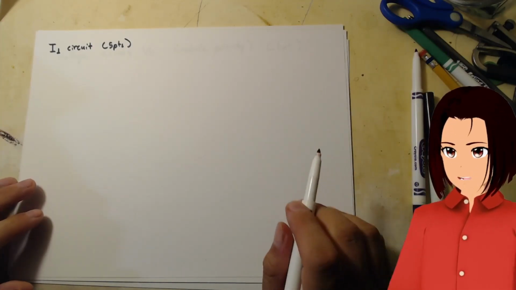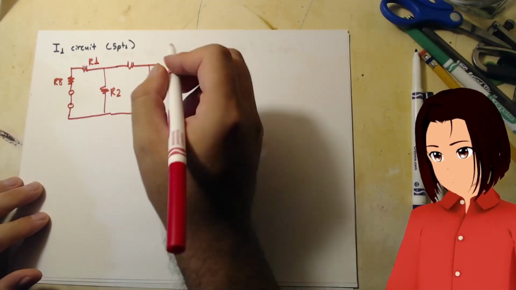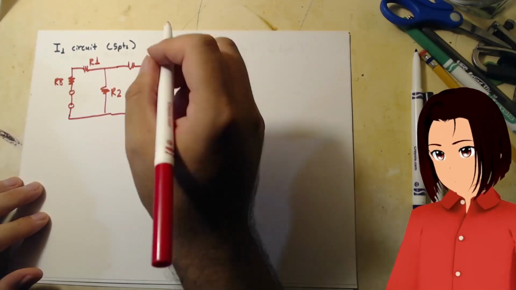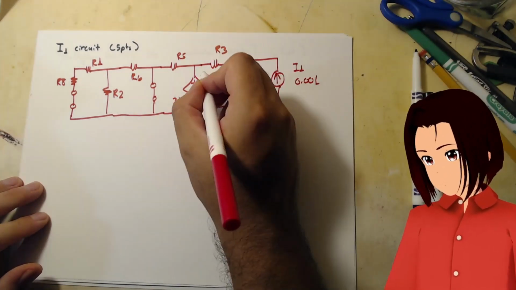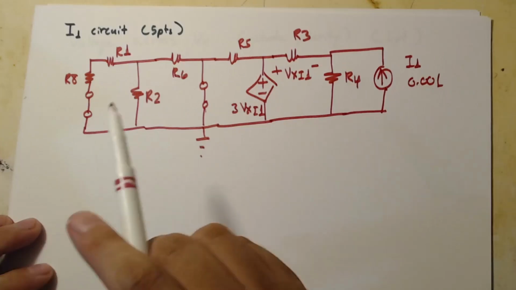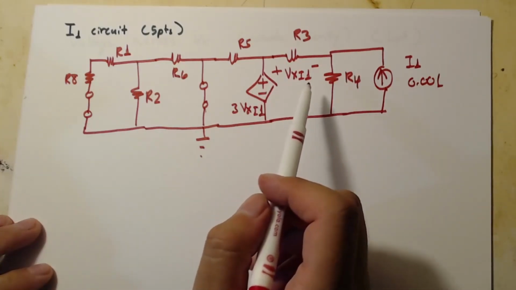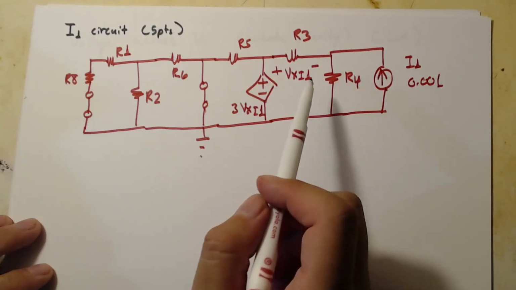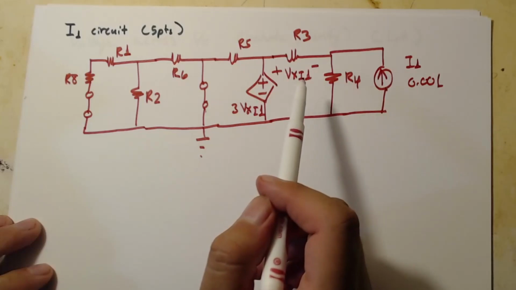So if I draw the circuit, so here's our circuit. We know the whole shindig. We have the voltage of X due to I1, and we want to see how much I1 is contributing to Vx.